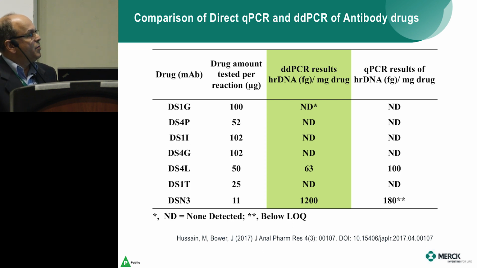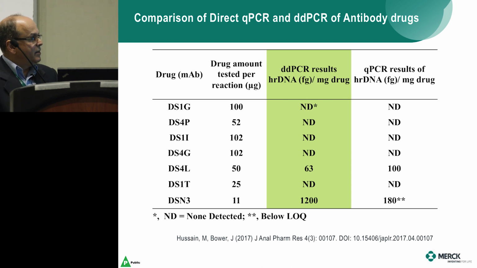So this is a comparison of all these different, mostly monoclonal antibodies. This is the amount of drugs tested. And digital PCR and qPCR data is more or less the same. A slight difference here, a little bit more different here.